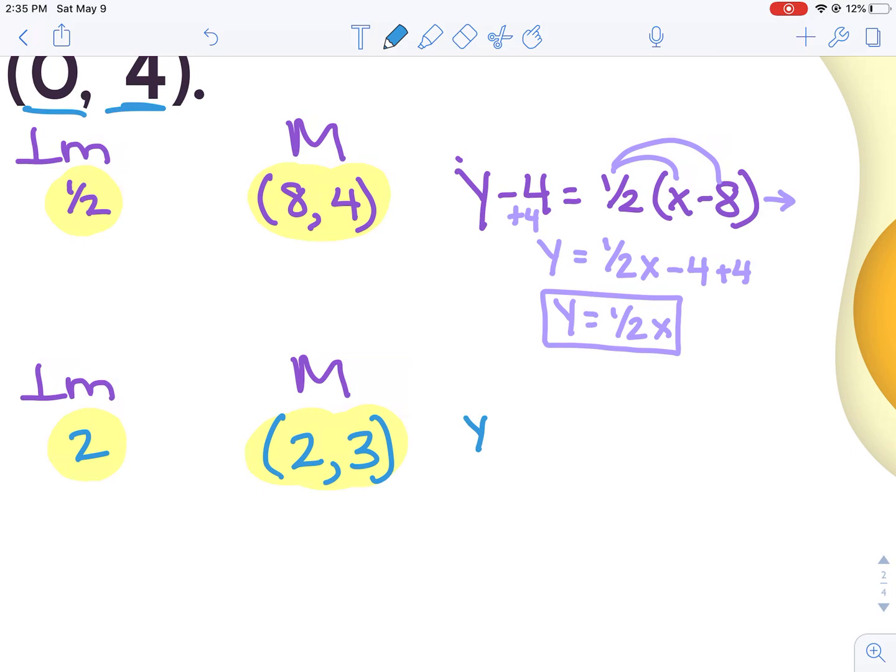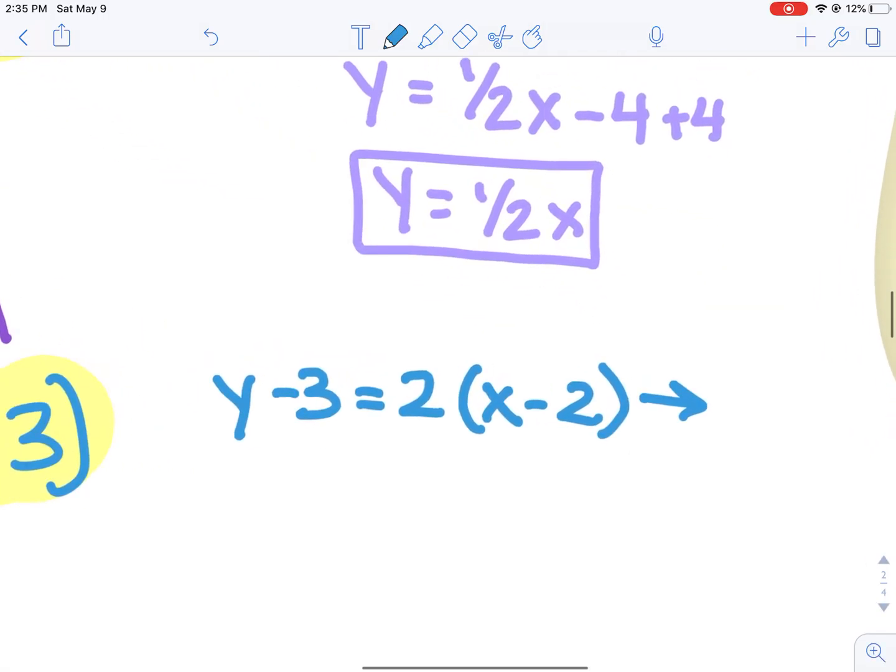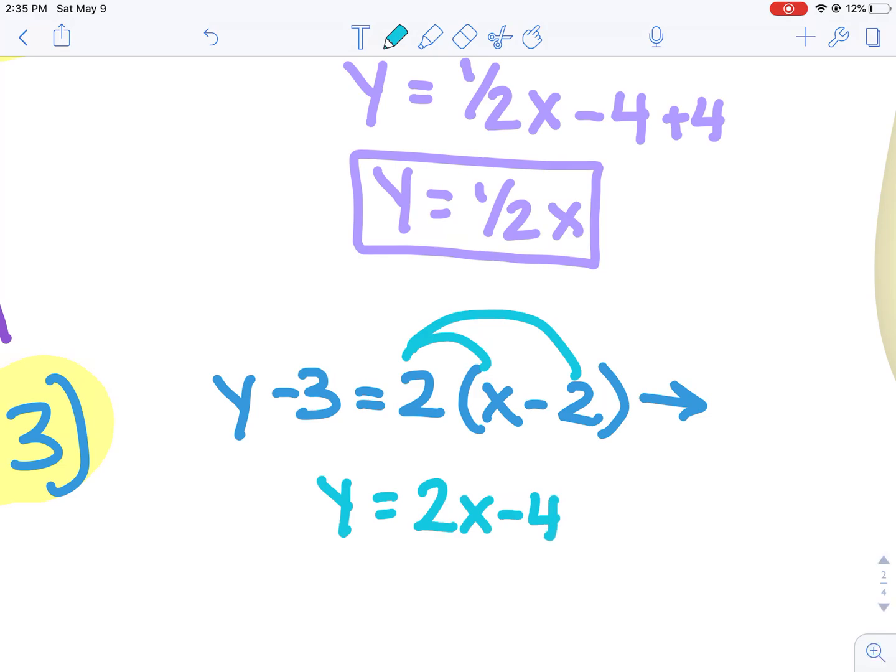Again, I'm going to start in point slope form, so I'll have y minus 3 equals 2 times x minus 2. And then I'm going to distribute and add the 3 over. So I get y equals 2x minus 4 plus the 3 to move it away from the y. So my final equation that I'll be using is y equals 2x minus 1.